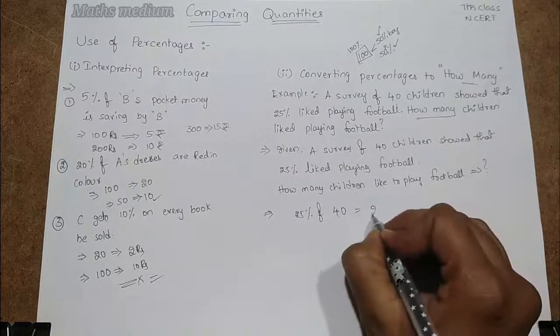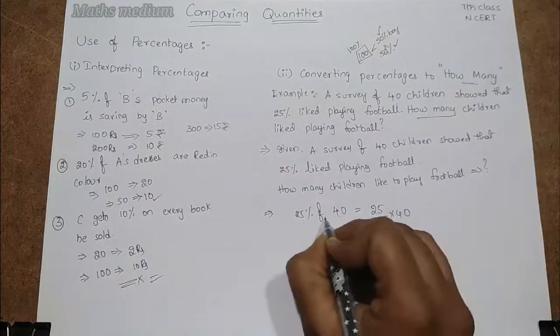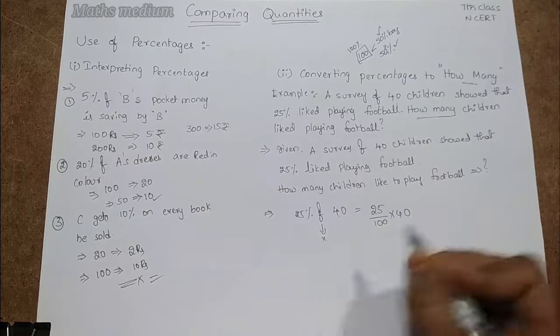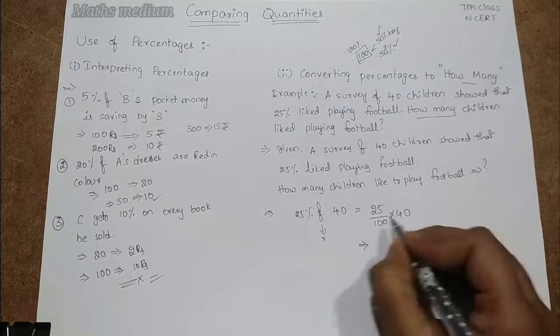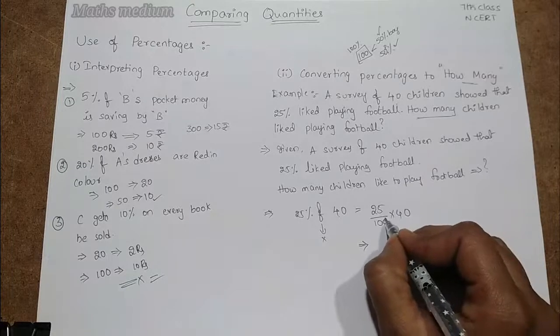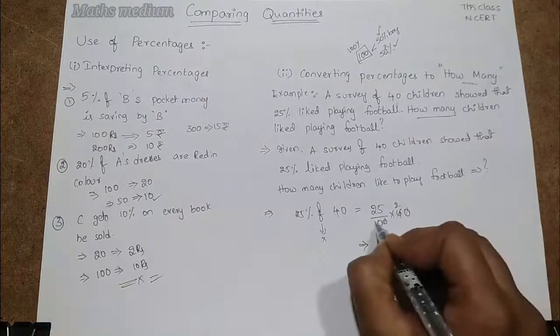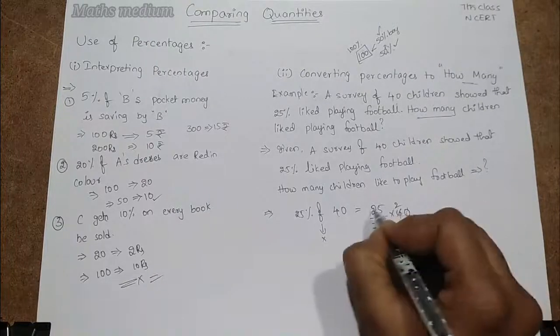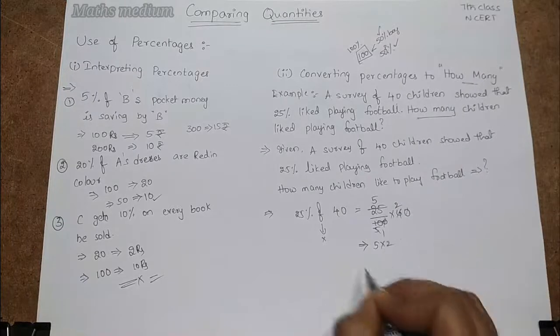Now here 25 by 100 into 40. Here of means into symbol. It means multiplication symbol. So now take the simplification step here. 0, 0 gets cancelled. 2 2s are 2, 5 5s are 5, 1 5s are 5, 5 into 2.